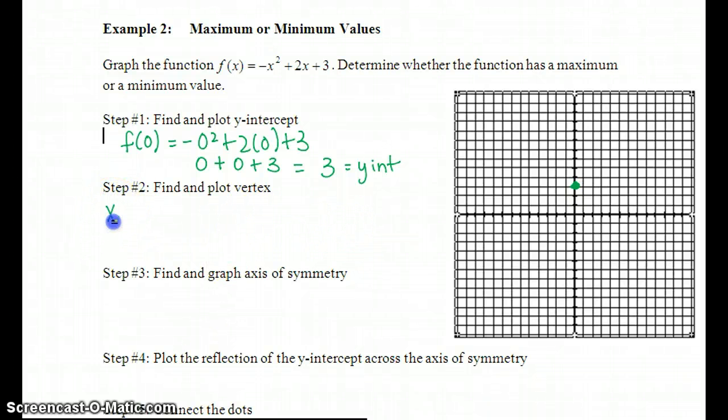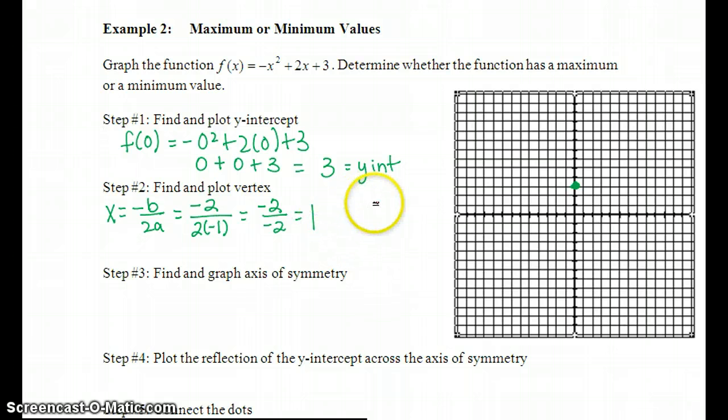I'm going to do that by saying x equals negative b over 2a. In this case, b is 2, so it's negative 2 over 2 times negative 1. So negative 2 over negative 2 equals 1. That's the x part of the vertex. I'm going to find the y part by plugging that 1 into the function at every x that I see.